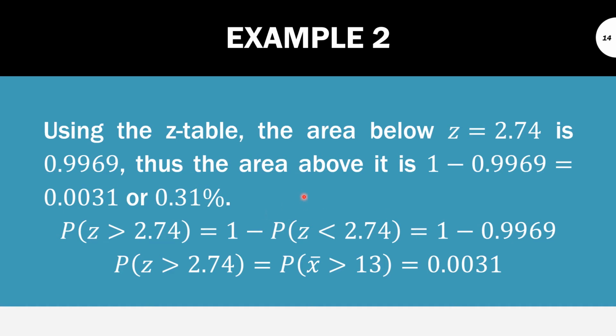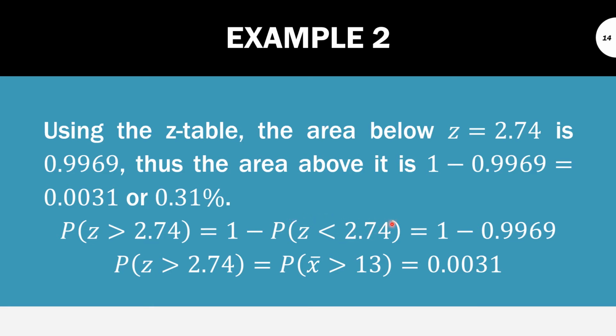Since we already have 2.74, we are going to use the z table to find the area below 2.74, and we can find there 0.9969. Now, since we are asked for the probability that z is greater than 2.74, like the probability that the sample mean is greater than 13, we are going to subtract the probability that z is less than 2.74 from 1.